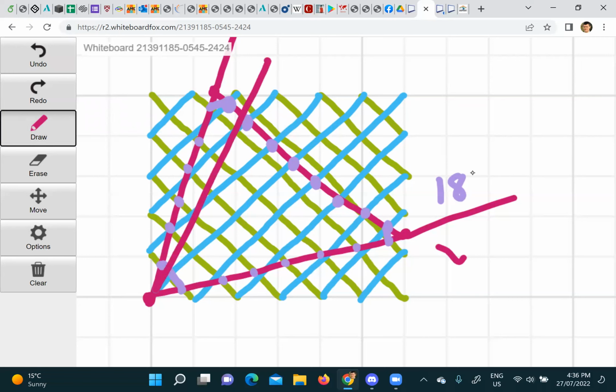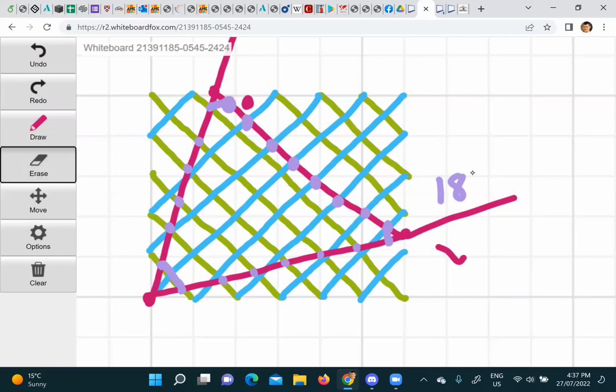Well, it means I intersect this green line now, which I didn't intersect before, okay? But I also lose this blue line here, which I used to have in front of me before, right? But because the blue line and the green line intersect at the top, I always lose one for every one I gain. Does that make sense? Yeah. Okay, so that's the key to the question here.